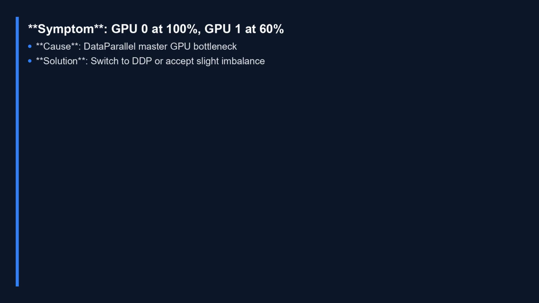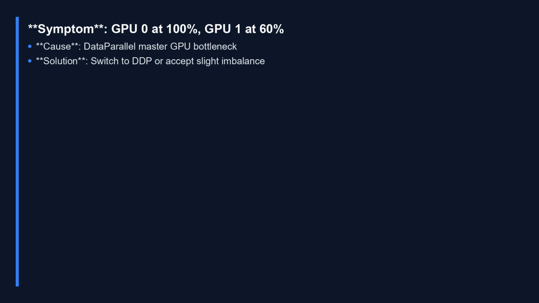A different symptom: NVIDIA SMI shows GPU 0 at 100% and GPU 1 at around 60%. This isn't a configuration error, it's the expected behavior of DataParallel. GPU 0 is handling compute plus the batch splitting and gradient aggregation overhead, so it saturates first.